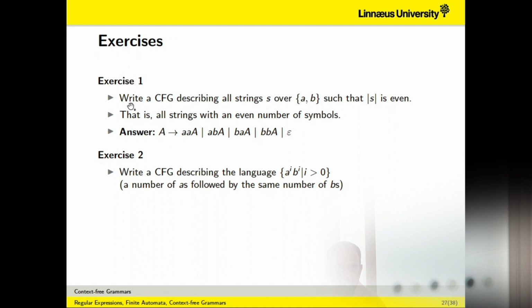The words in that language must start with the A, and then be followed by the same number of B's. So for example, if you have one A at the start, then there must be one B at the end. If you have two A's at the start, then you should have two B's in the end.